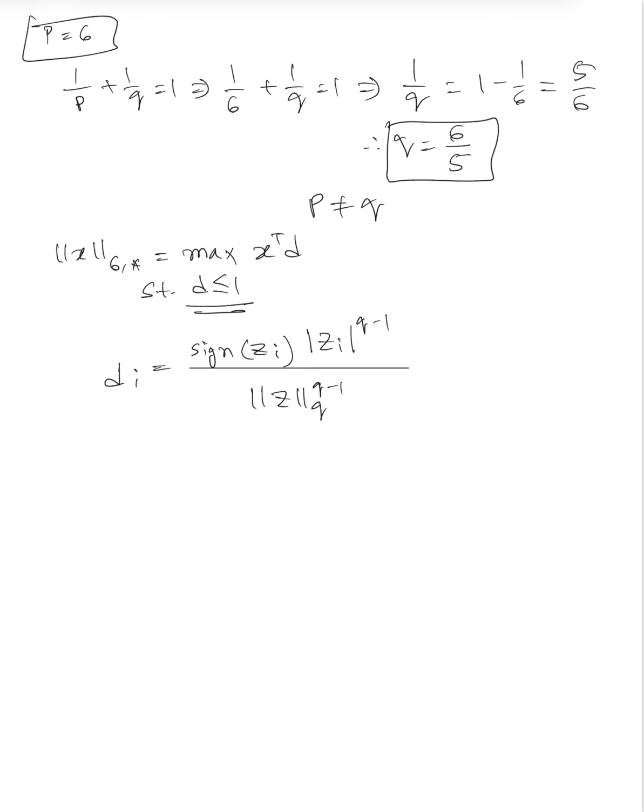So if we put the values here, sine of zi and zi, this is going to be q is 6 by 5, so 6 by 5 minus 1 is 1 by 5, 1 over 5. And then we also have this thing, which is 6 by 5, and this is 1 over 5.